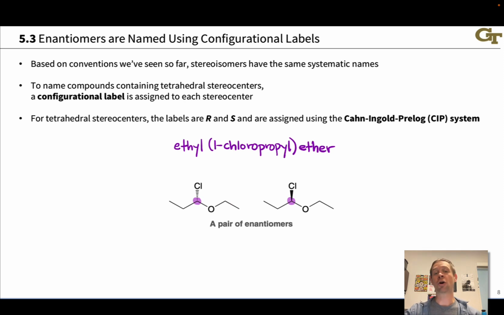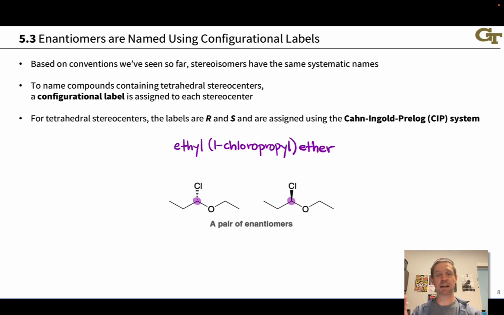And that's going to be the R and S labels at tetrahedral stereocenters, and more generally the so-called Cahn-Ingold-Prelog system for assigning what we'll call configurational labels. You can basically just think of them as names to particular configurations, the way groups are arranged around a tetrahedral stereocenter.